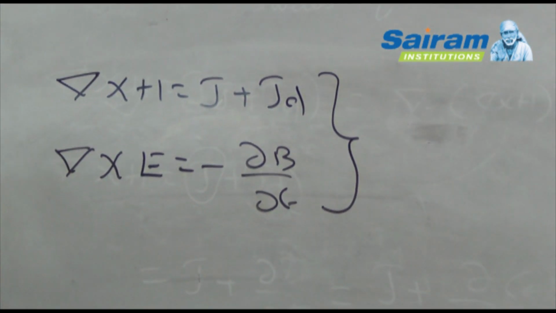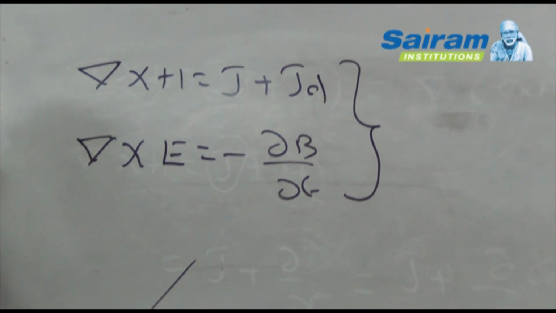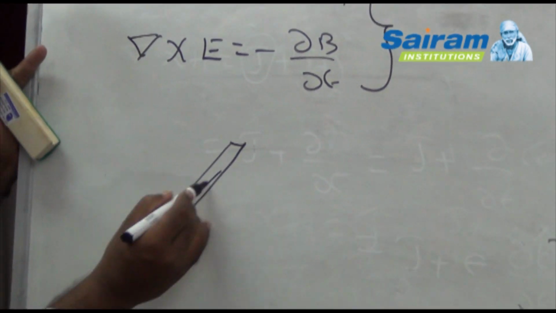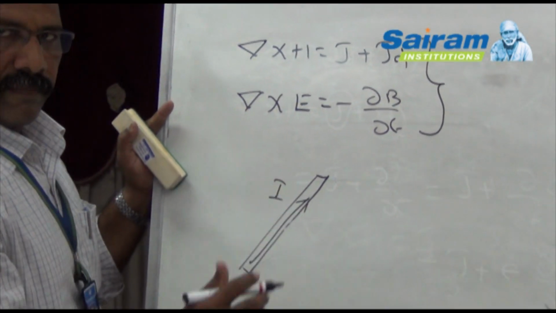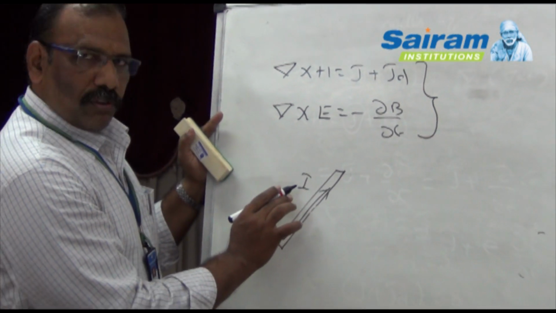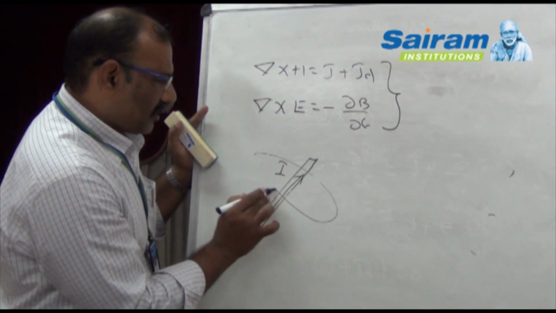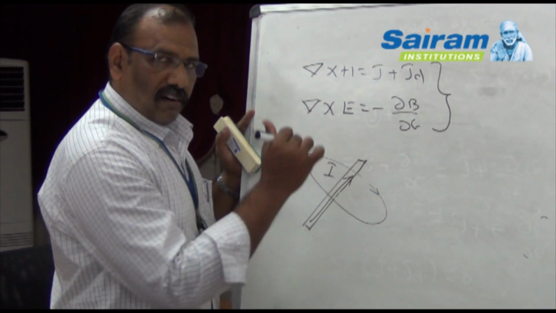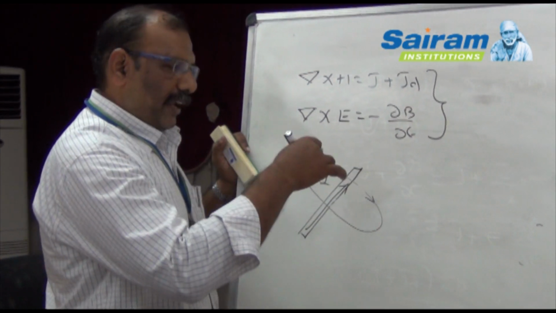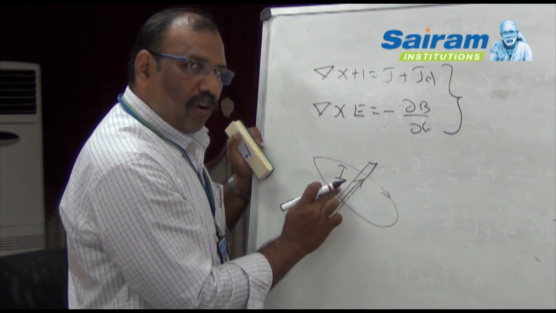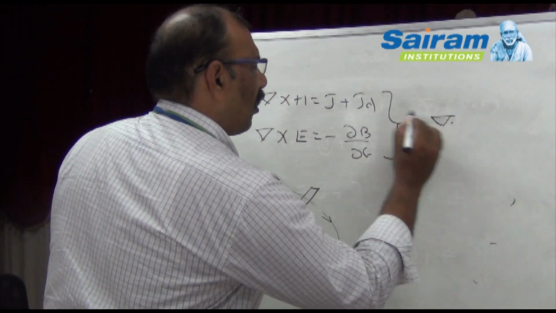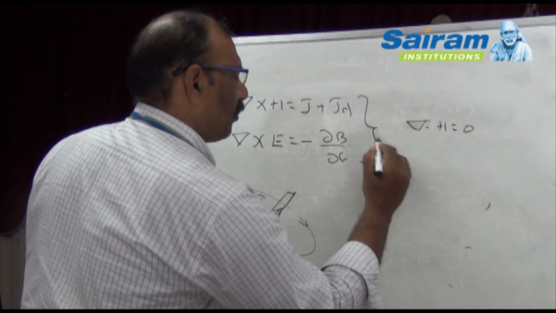If you take a conductor, the conductor is allowing a current I. When the current flows through the conductor, the magnetic field circulates. So the curl exists, which means there is no outflow from that body. Therefore, divergence of H equal to 0.